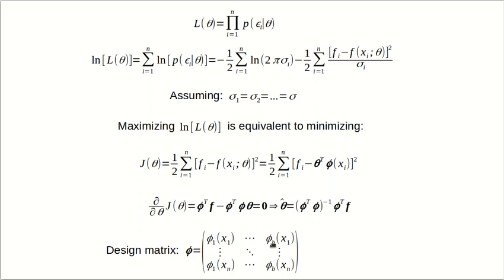phi 1 goes to phi b, right? And then f is going to have how many elements? It's going to have n elements, right? So phi transpose is going to be a matrix that's b by n, right? B by n times another vector that's n by 1, right? The multiplication is going to give you a b by 1 vector, and then you subtract phi transpose times phi.